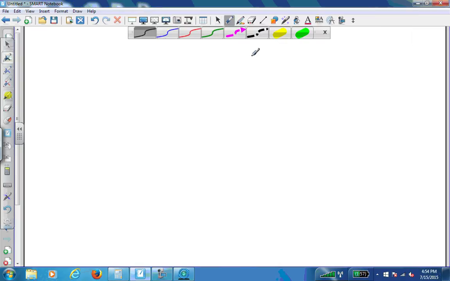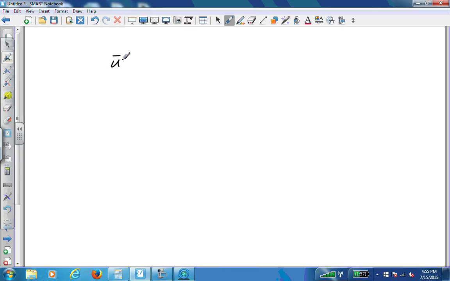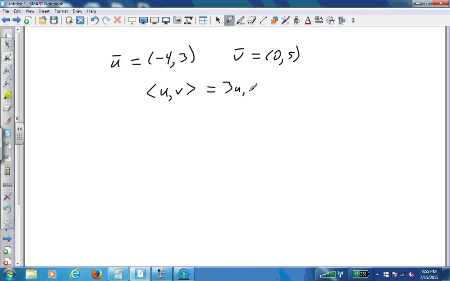All right, so let's look at an example, and let's do some calculations. Let's suppose that u is negative 4, 3, v is 0, 5, and that our inner product space is defined as 3 times u1 times v1 plus u2 times v2.